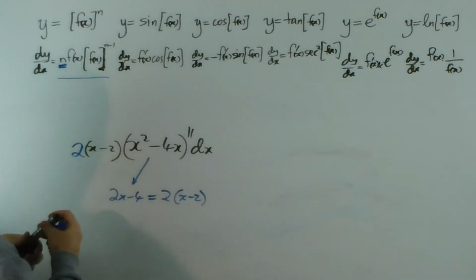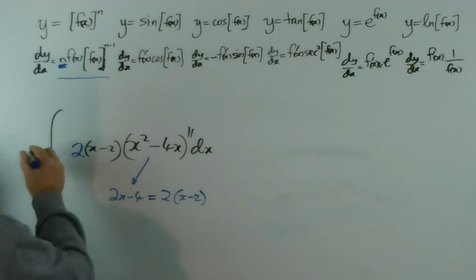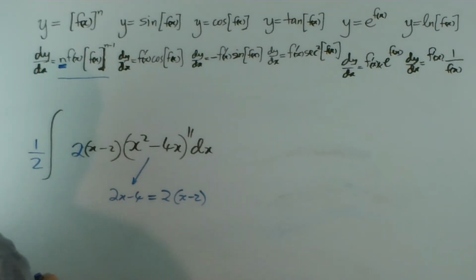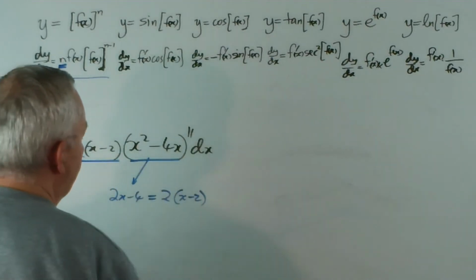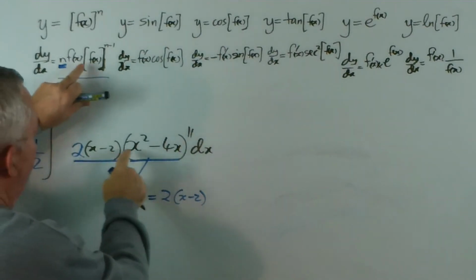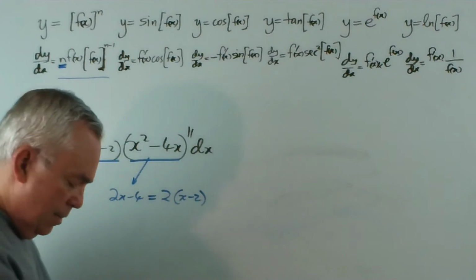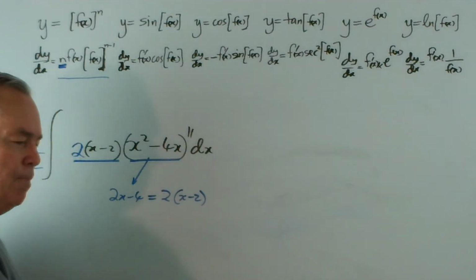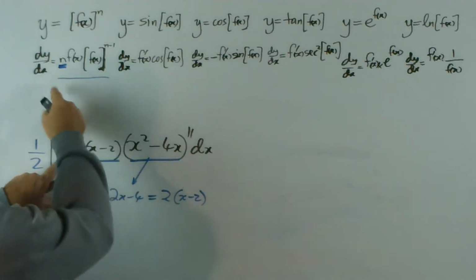If I place the 2 there, and a half, they compensate, and that now is the derivative of that. So I've got the derivative, I've got the function to the power, and if I'm doing it the longer way, or if you like the more patterned way, I'd also want the correct number at the front.